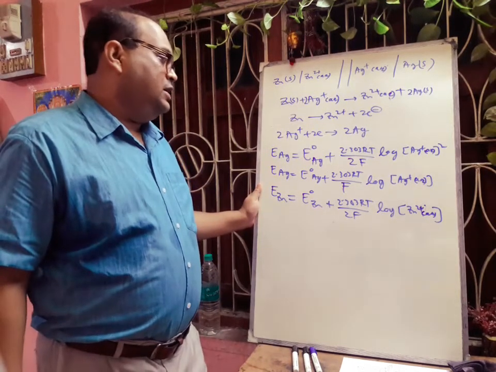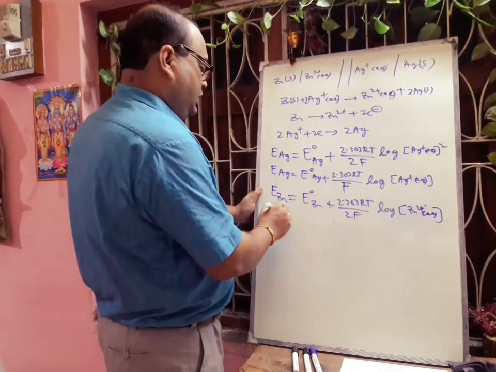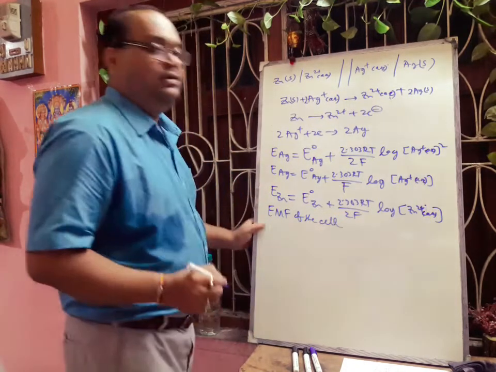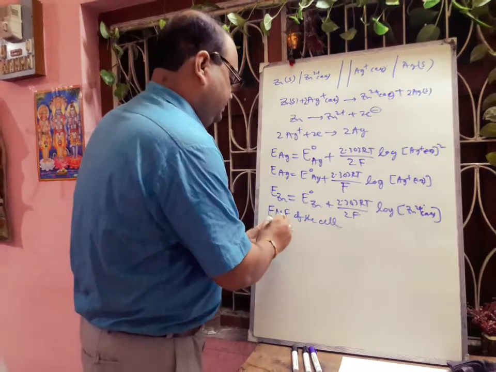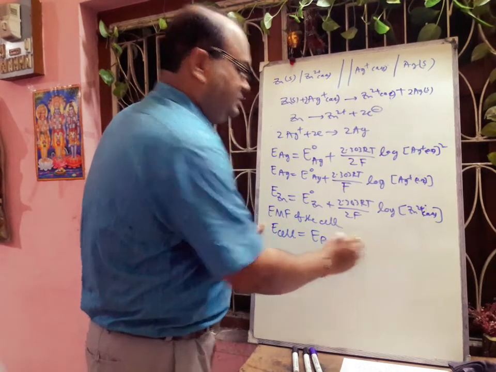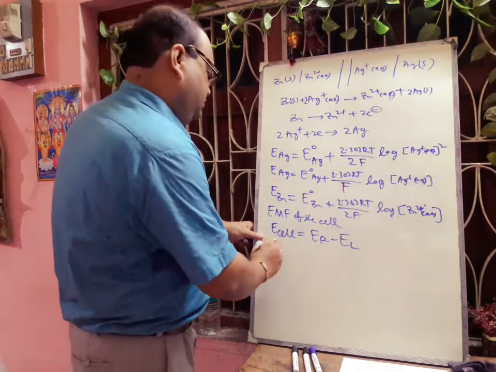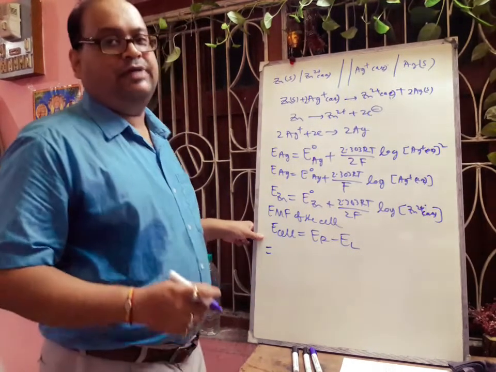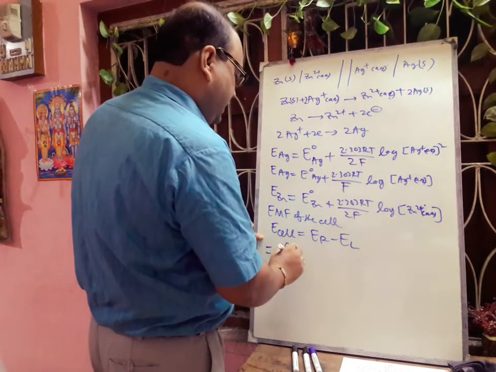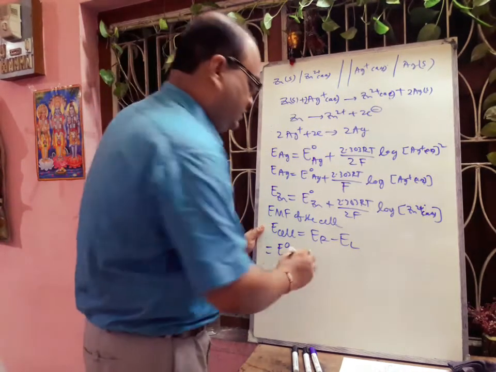Now, if we want to calculate the EMF of the cell, that we can write as E cell, that will be E right minus E left. So from these two we will be able to write E0 Ag minus E0 Zn.